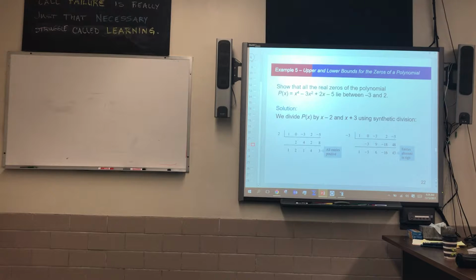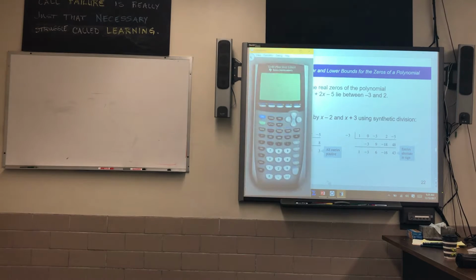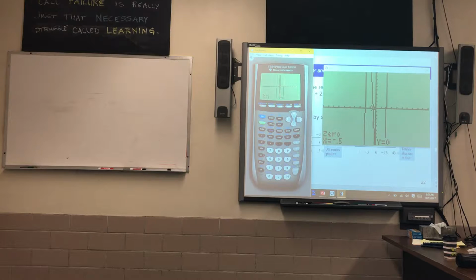What I always fear when I'm graphing something is that, let's say I graph that polynomial, and I see that I got 3 zeros there, but I kind of fear, what if I zoom out all the way over here, and there's another one over here on the left-hand side of the x-axis, beyond like -10? Is that going to make sense? Okay. The upper and lower bound theorems will guarantee me that there is nothing over there, after we do a little synthetic division. Does that make sense, everyone?